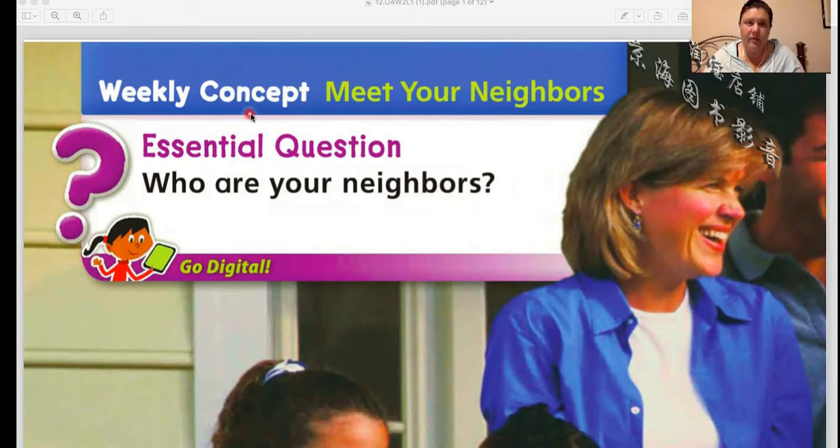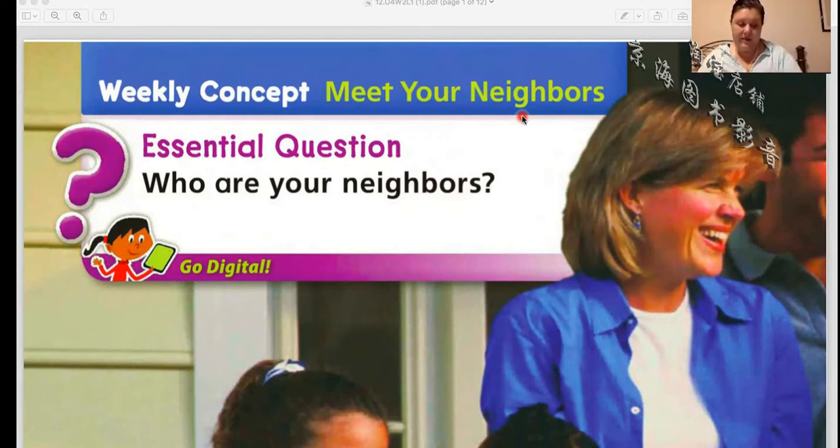So remember, what does concept mean? Do you remember? Yeah, concept is like idea, okay? So our weekly idea. So for this week, our weekly idea is meet your neighbors, okay? So we're gonna meet our neighbors. Do you know your neighbors? Have you met them before? The people that live next to you?